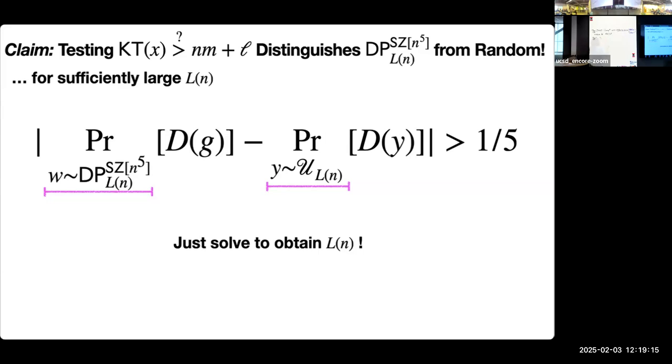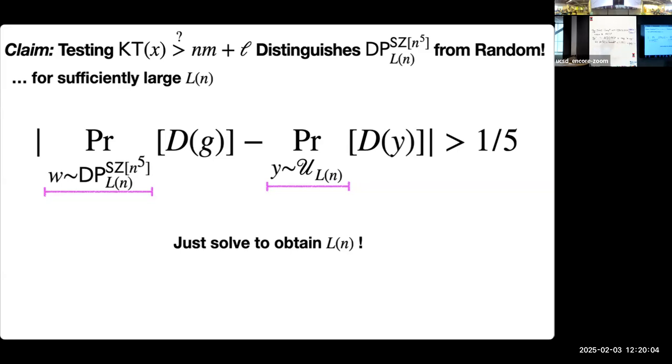Now, what we were also able to do was define a problem: if AC0[2] MCSP is easy on average, then AC0[2] is learnable with membership queries in quasi-polynomial time.